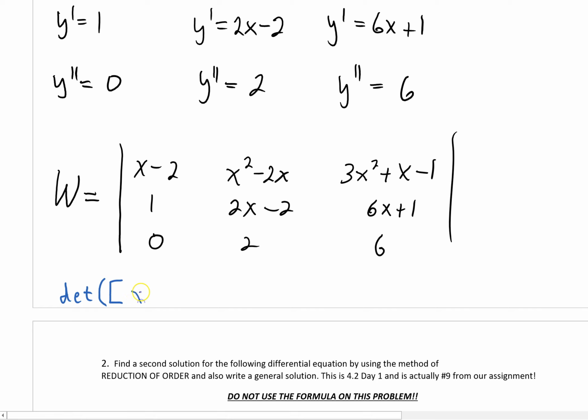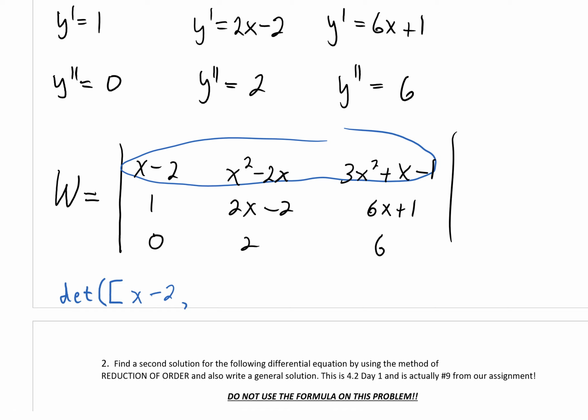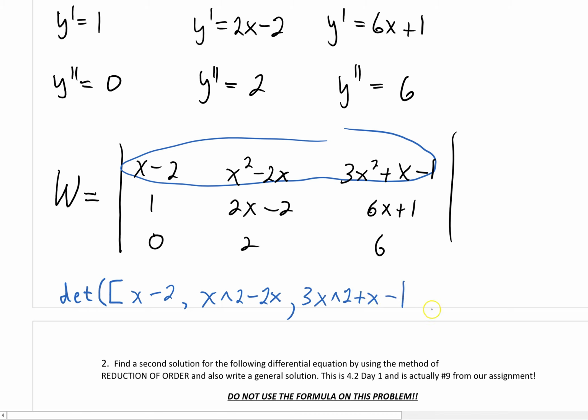So all you got to do is type in your first row here. X minus 2, then you hit a comma. The comma is one step above the 9. It's where you found your left bracket, but this time you don't need the second button. And then you just type in an x to the second minus a 2x. And then we'd say comma 3x to the second plus x minus 1.